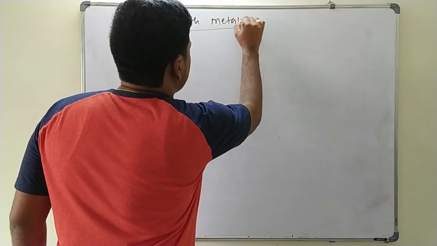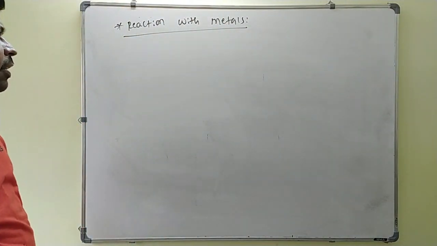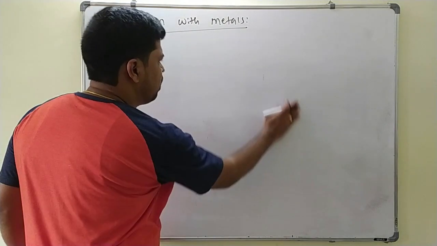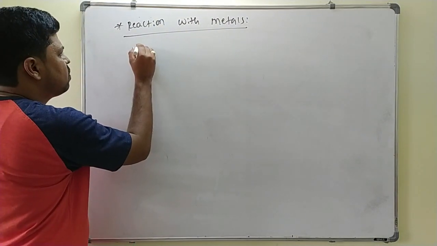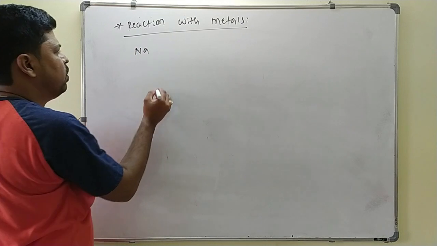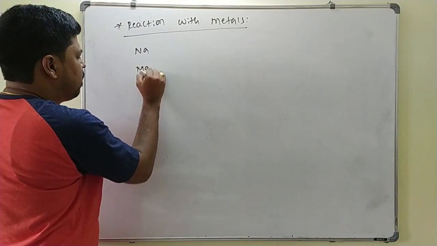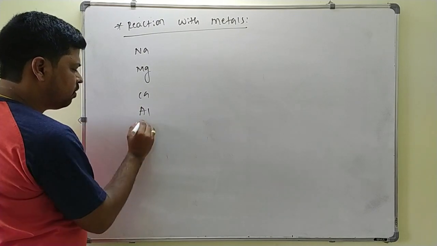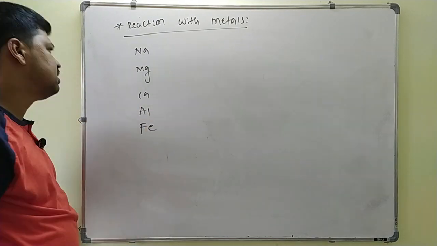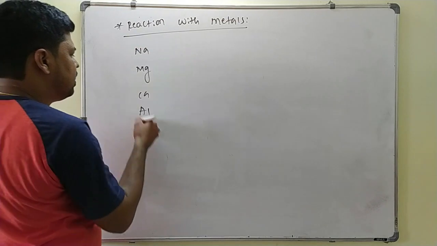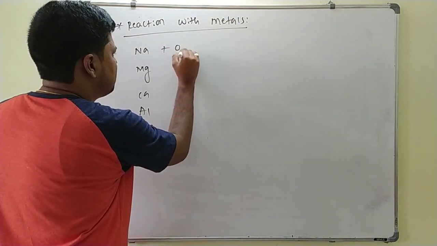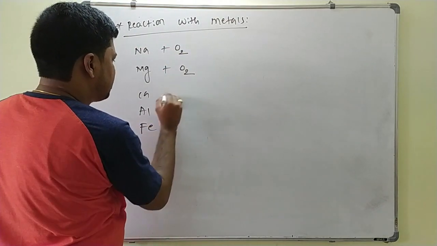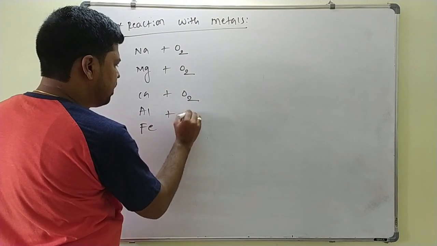Already we know that this oxygen is highly electronegative and the metals are highly electropositive. They will readily combine together. So if I take the first group metal, sodium, and in second group we will take magnesium and calcium, and in the third group we will take aluminum. From D block also we will take one metal, that is iron. Okay, so all these metals, they will react with oxygen.